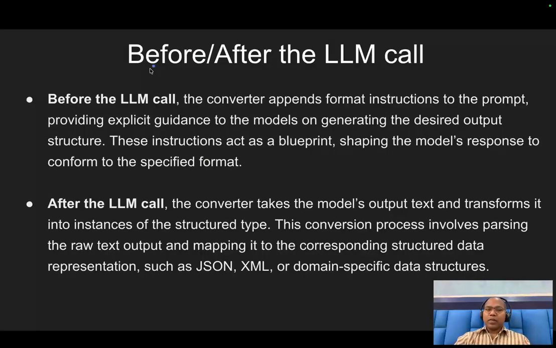So that is the concept about the before and after. Whenever your application needs structured output, you have to think about before the LLM call and after the LLM call. Spring is doing the work here.